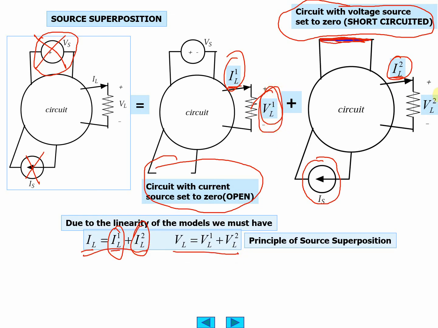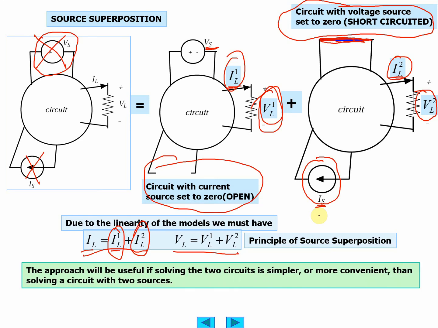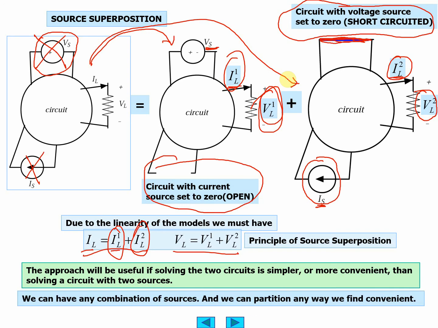Because of linearity, the solutions are linear in this, and they're linear in I sub s, so we can solve it separately and add them together. Okay. Superposition is taking a complex circuit and breaking it down into two easier circuits. That's all it's doing. That's what superposition is all about.